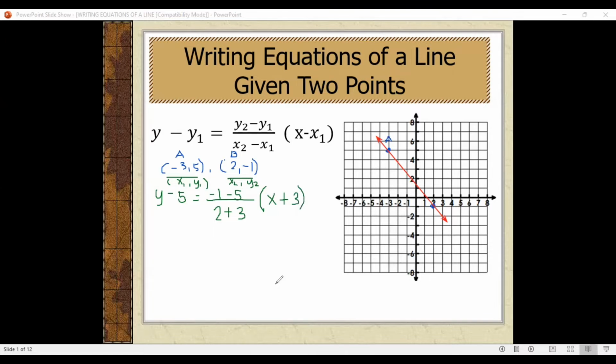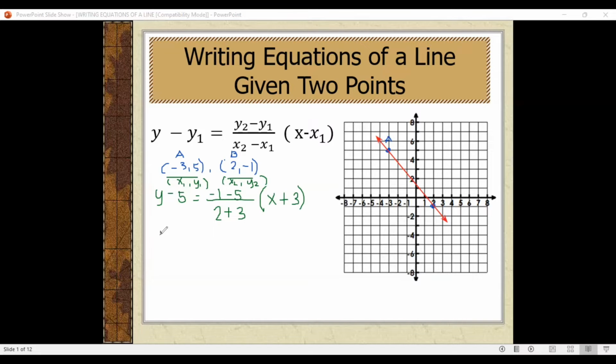So again, the rule is if you are given 2 points, you let your first point be x sub 1, y sub 1, and the second point be x sub 2, y sub 2. And then after that, you substitute it into the 2-point form. After doing that, we just have to simplify.